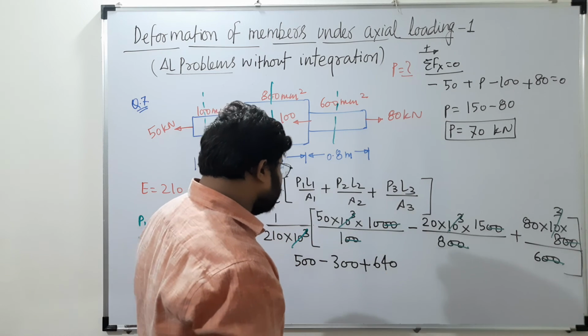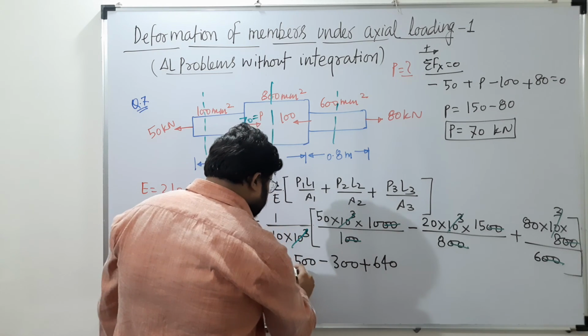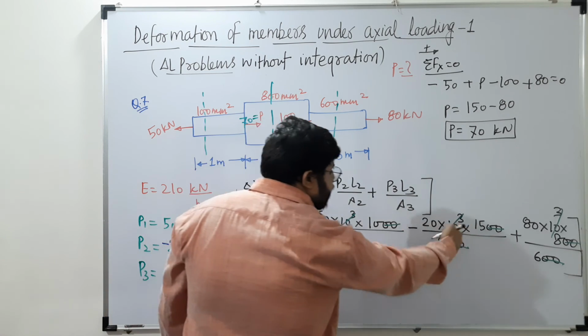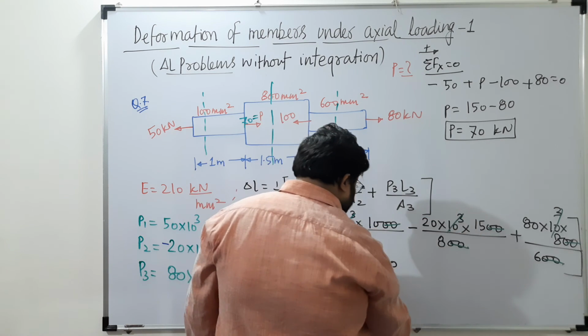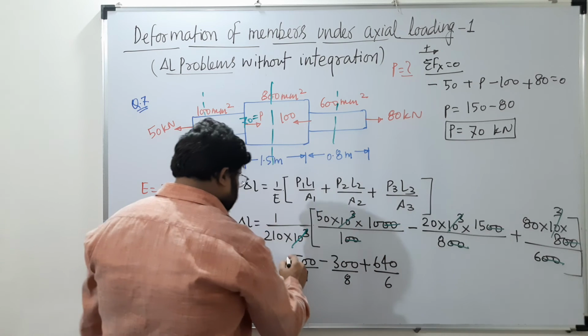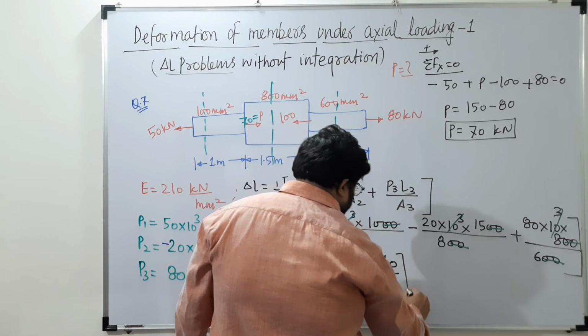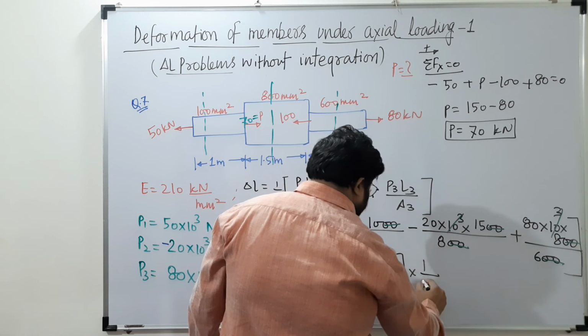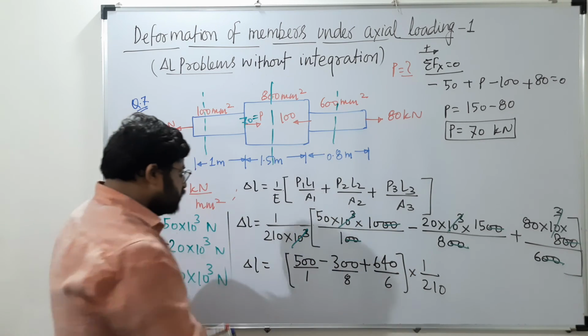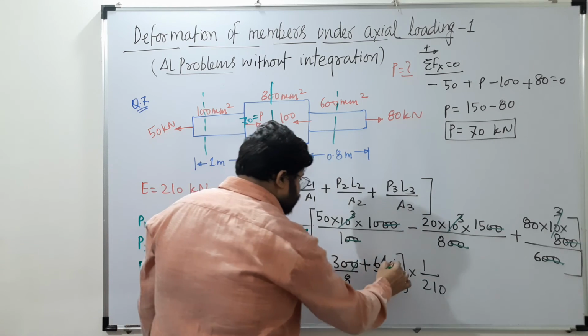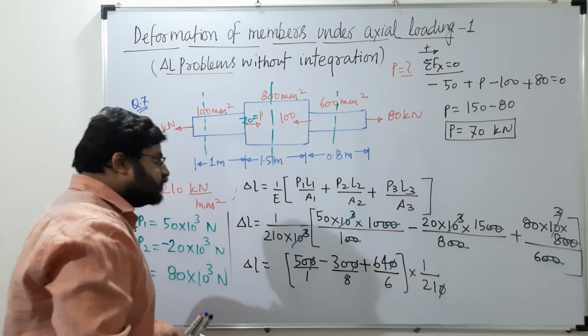These are the values. But 500 divided by 1, 300 divided by 8 and this 640 divided by 6, multiplied by 1 upon 210, right? So the second thing which we can do, these zeros and this zero we can also cancel out.